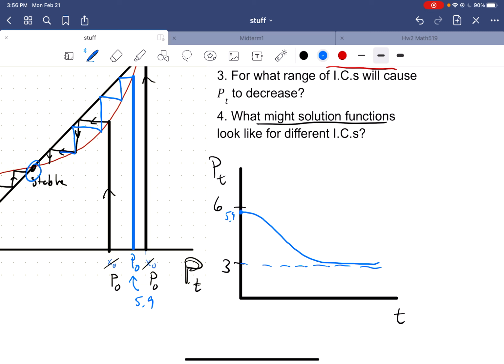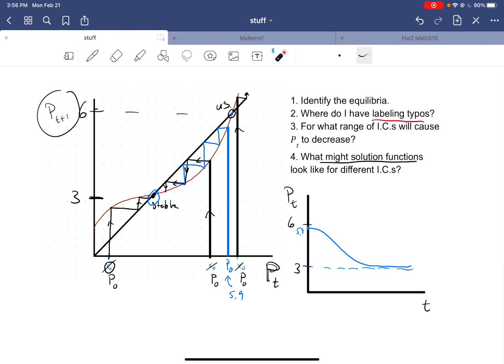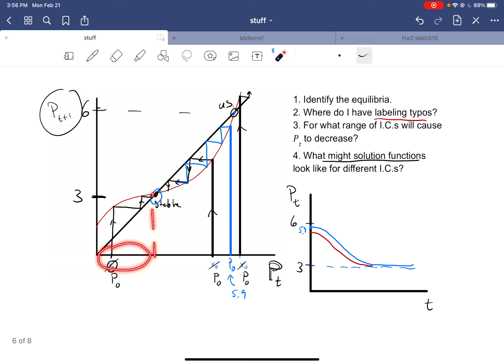That'll happen regardless, anywhere you start in this zone between the two, which corresponds to this zone. You're going to get the same kind of flow where it moves away from 6 and towards 3. So these are possible curves. Similarly, if I start in this zone, below 3, then my curves are just going to come up towards 3, like this.